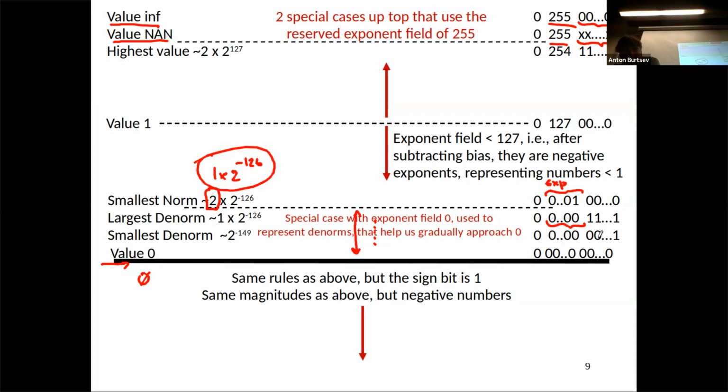And your fraction is... essentially this allows you to represent a number in the neighborhood of zero. You break normalization and just use this as a power. And then it becomes 2 to the power negative 149.